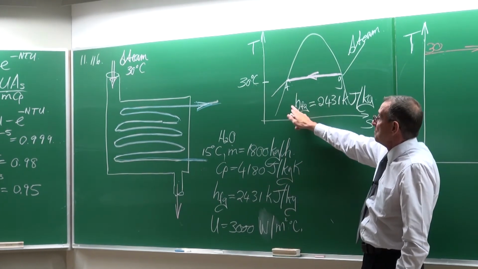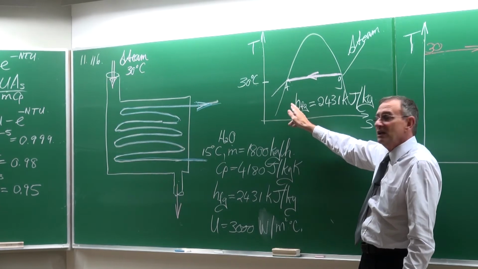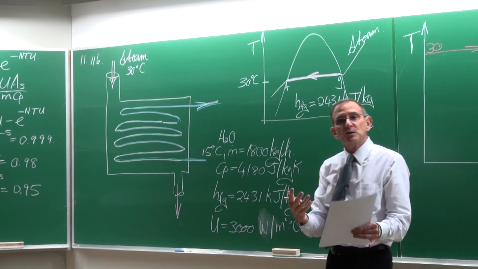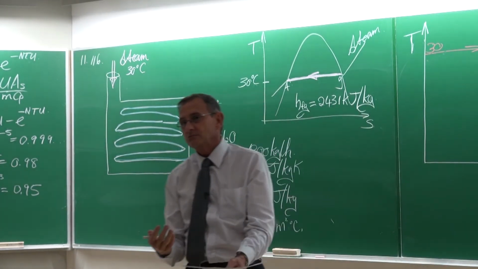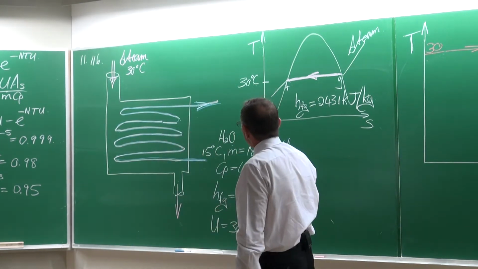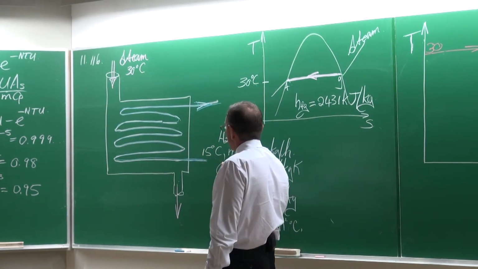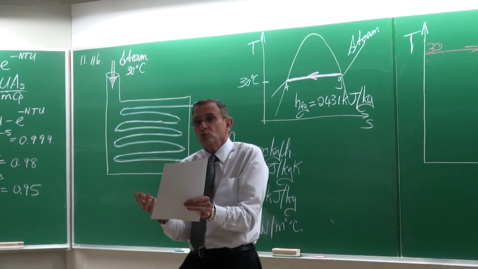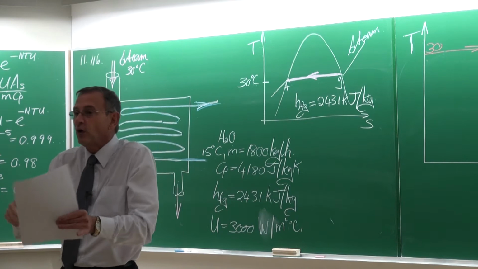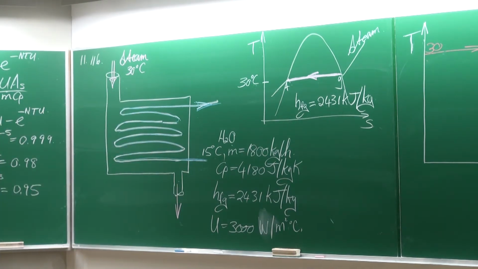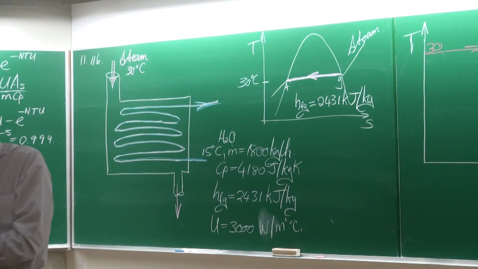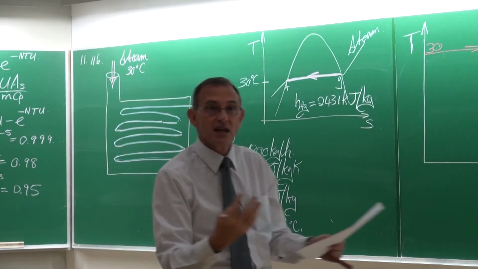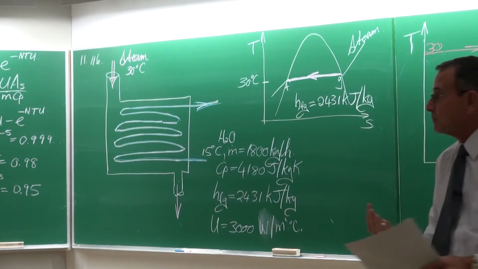So if we had the mass flow rate of the steam, it would be possible for us to determine the number of kilowatts, but we don't know that. On the water side, we know the temperature and the mass flow rate, but we don't have the outlet temperature. So we don't have the heat transfer rate for any one of the two streams. So that is why the effectiveness-NTU method is now such an effective method.